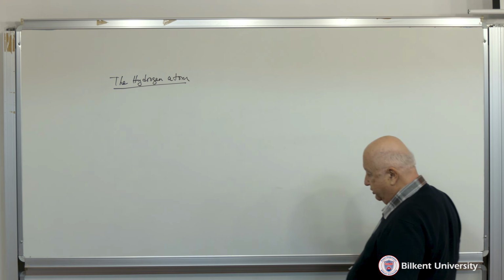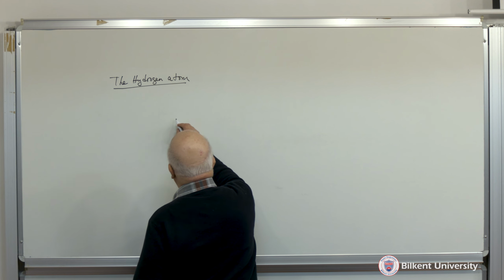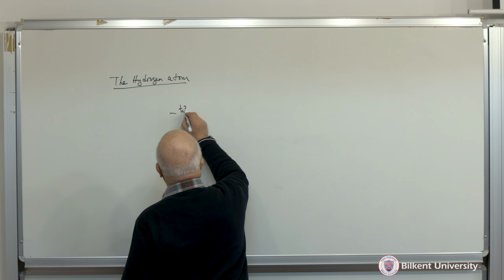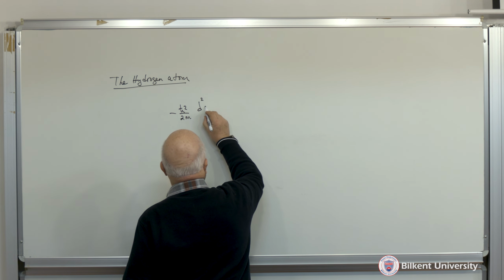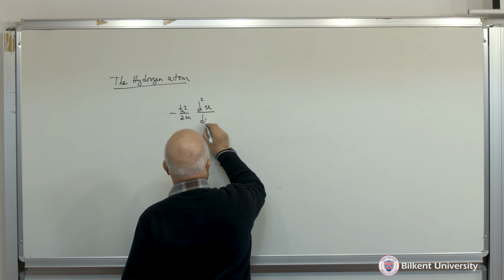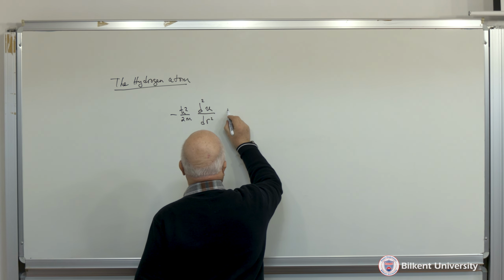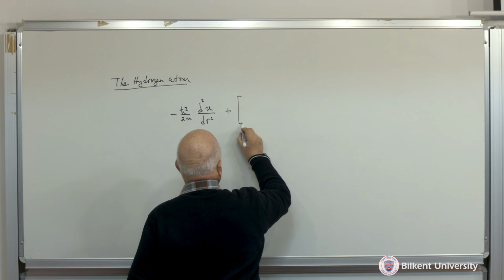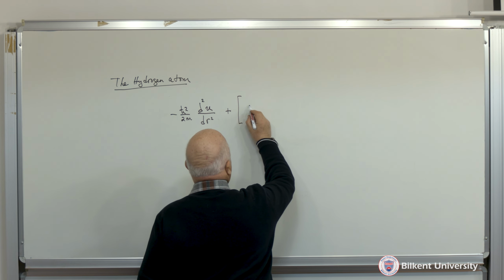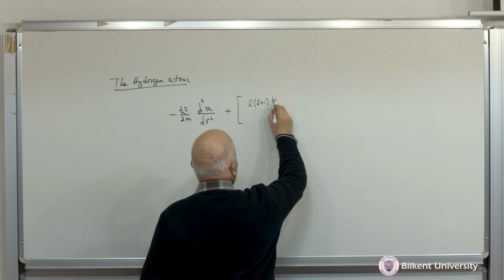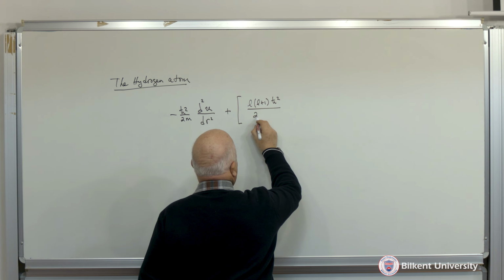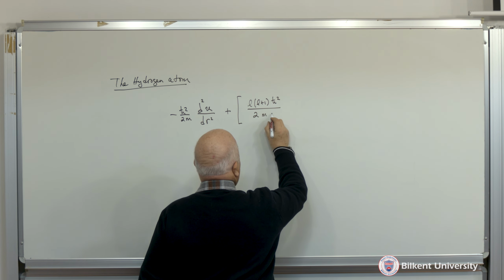So we have our equation, and it's very easy to remember. Minus h bar squared over 2m, we just write the one-dimensional Schrödinger equation, d squared u dr squared, plus we have a centrifugal term, which is l(l+1) h bar squared divided by 2m r squared.